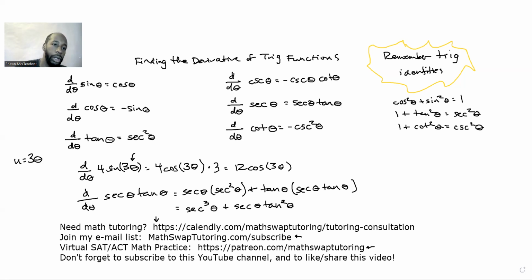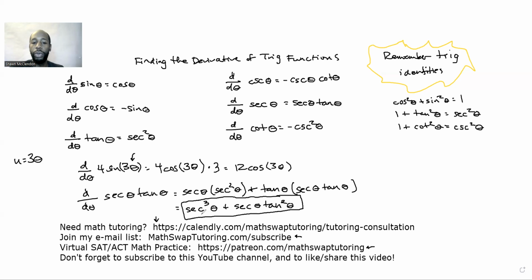Here, let me see if there's anything else I want to point out in these notes. Okay. So what I looked for when I was solving this problem, I did a quick look over to see, can I use a trig identity to simplify this? But you really can't, because 1 plus tangent squared is secant squared.